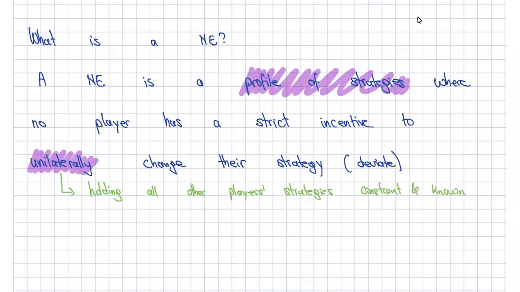So what is a profile of strategy? Well, a profile of strategy is just a set of strategies, one for each player in the game, a collection, or a set if you like, of strategies, one for each player in the game.